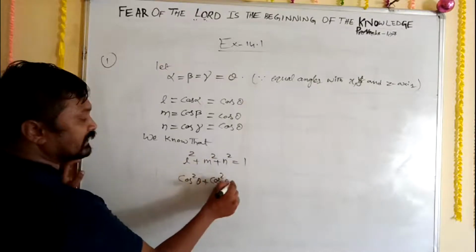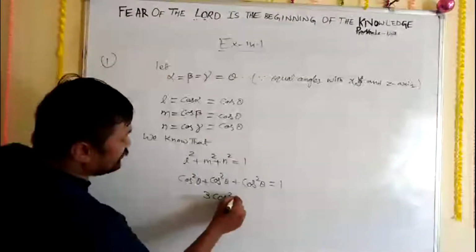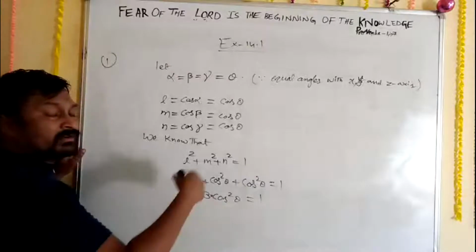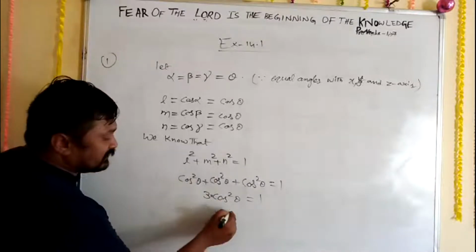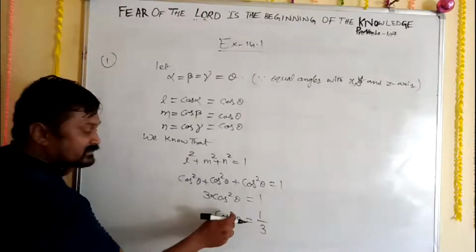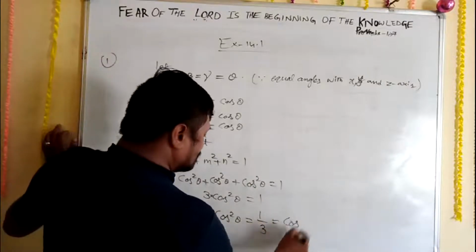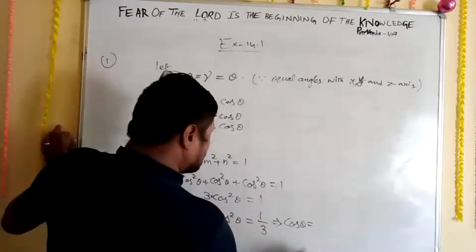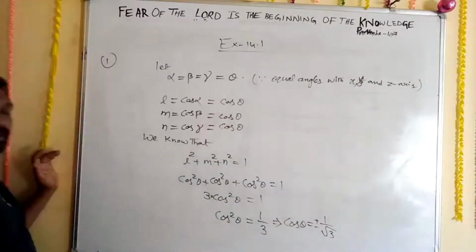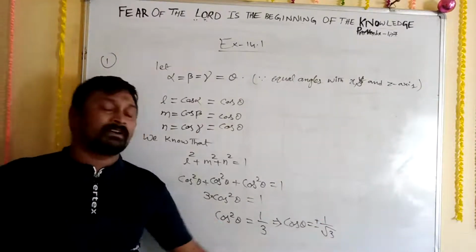Again cos square theta, and N square means again cos square theta. So 3 cos square theta is equal to 1. The 3 is multiplying, go to that side, division. So cos square theta is equal to 1 upon 3. Square goes to the other side as square root, so cos theta is equal to plus or minus 1 upon root 3.